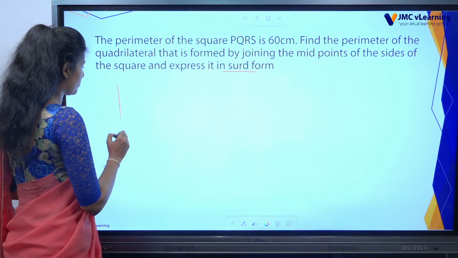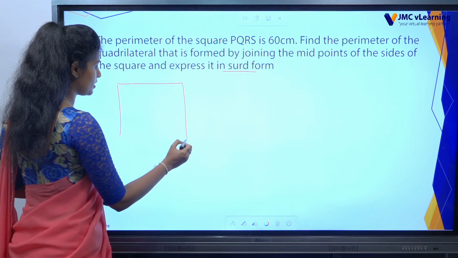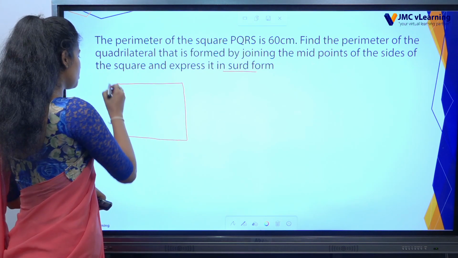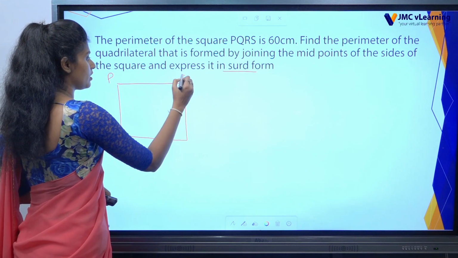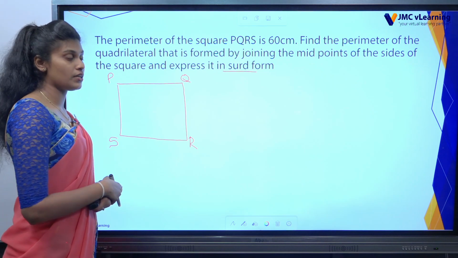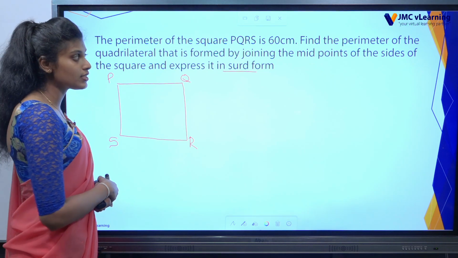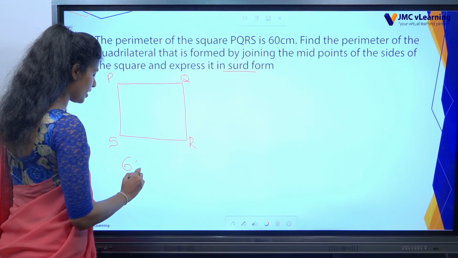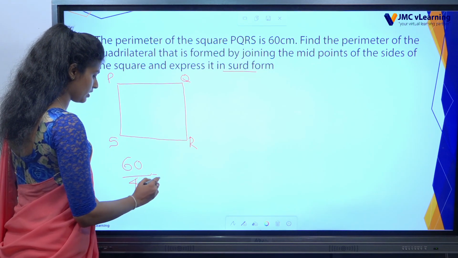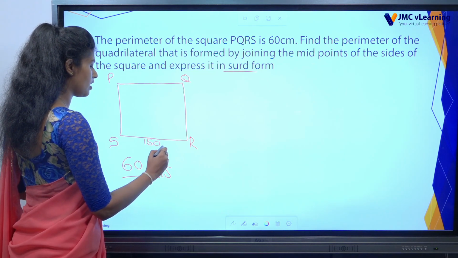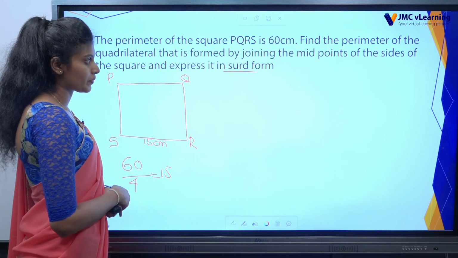They are telling the perimeter of the square is equal to 60 centimeter. This is PQRS. To find the length of one side, what you have to do? 60 you have to divide by 4. Then the answer is 15. That means the length of one side is 15 centimeter.